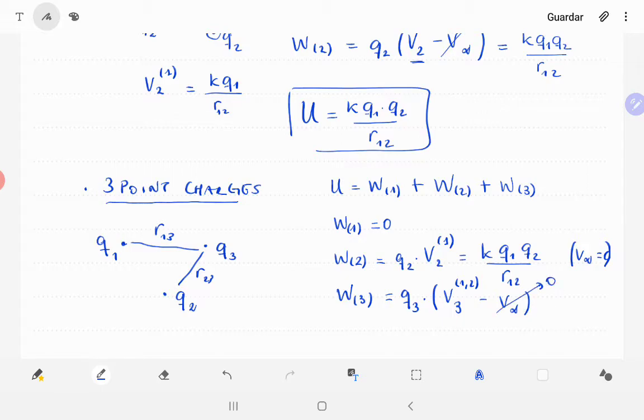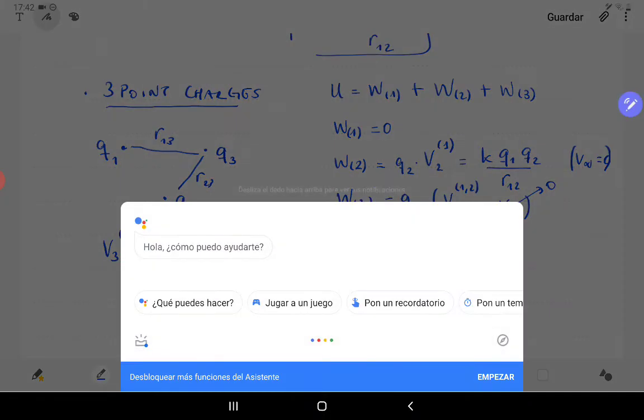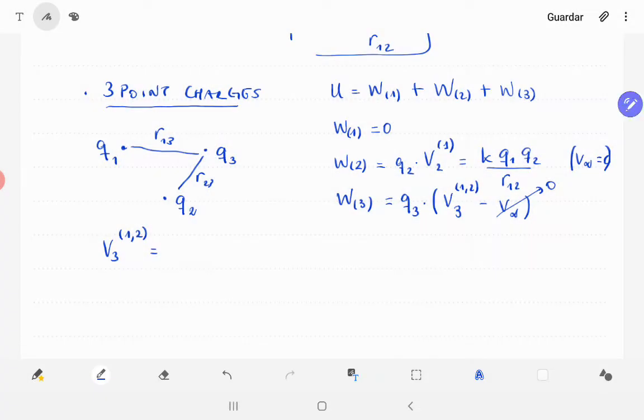Now we have to calculate what is the potential at point 3 due to the other 2 point charges. And if you remember, here we just need to use the principle of superposition. This is going to be the electric potential at point 3 because of point charge 1 plus the electric potential at 3 because of point charge 2.